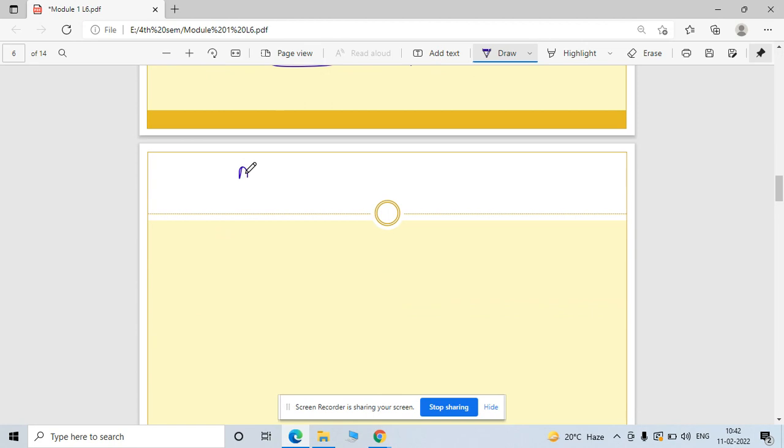For example, for the ammeter you will get 2.5 ampere, right? So for 2.5 ampere, you will get here plus minus 0.025. This value came from the full scale value.